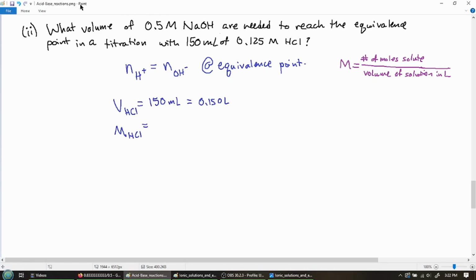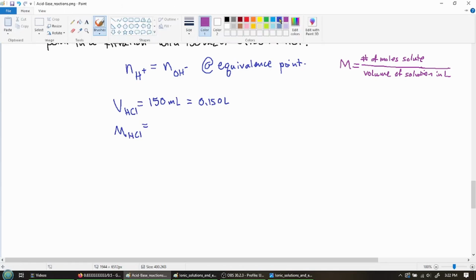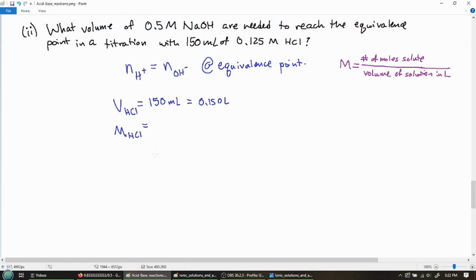Okay, so for the value that we've been given here, we know that there's going to be 0.125 moles of the solute, which in this case is the hydrochloric acid, dissolved in 1 liter of solution.